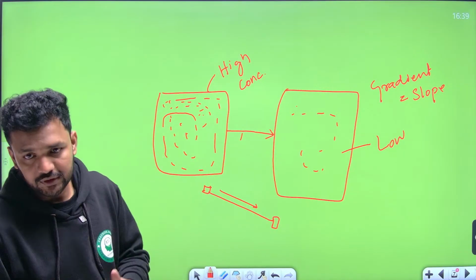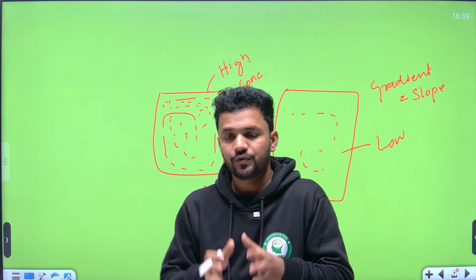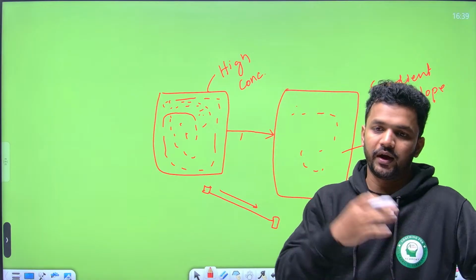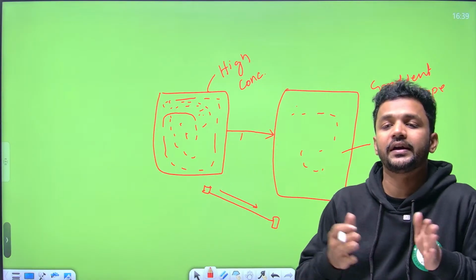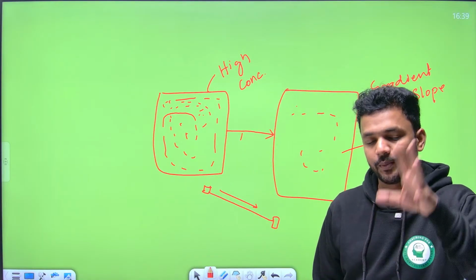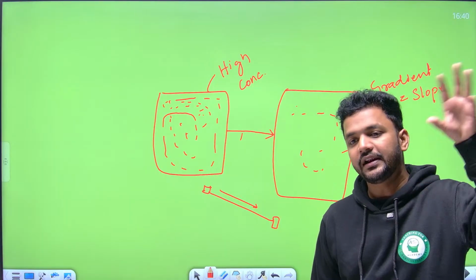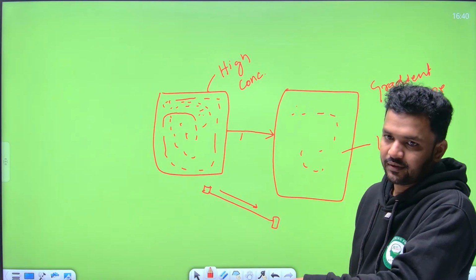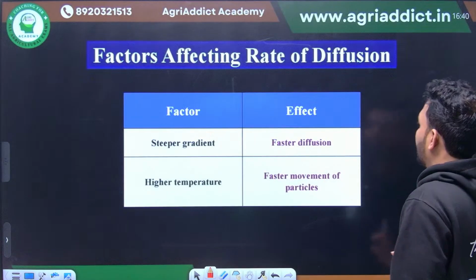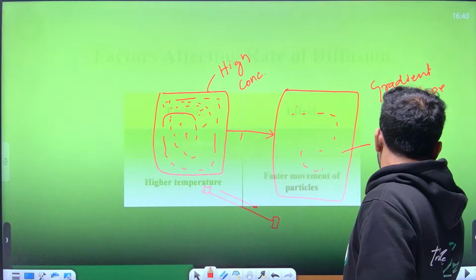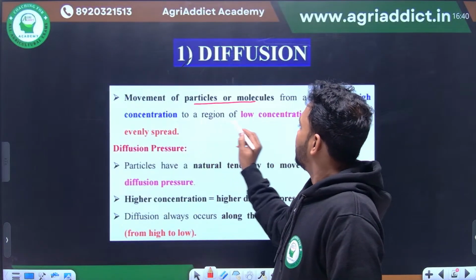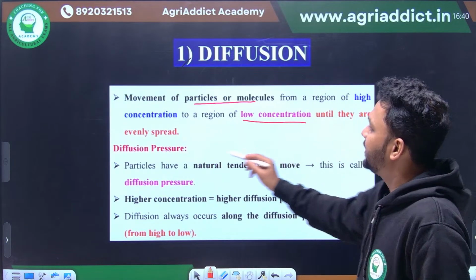So in diffusion, the molecules move from one system to another on the basis of the gradient or slope, that is from higher concentration to lower concentration until they are evenly spread.